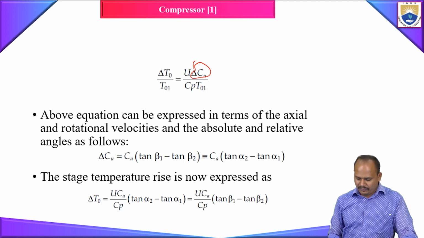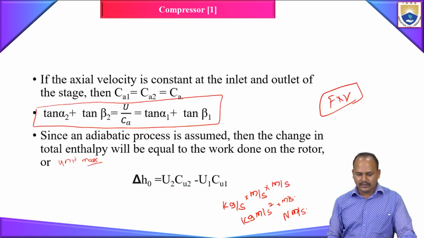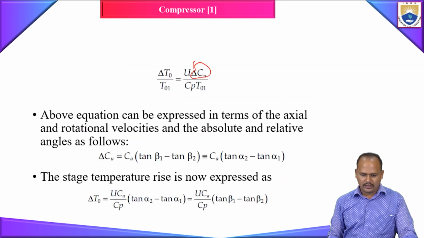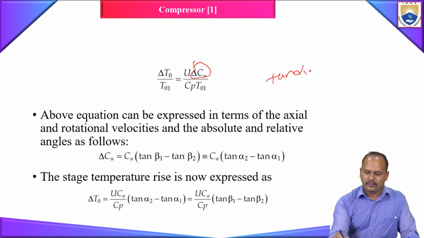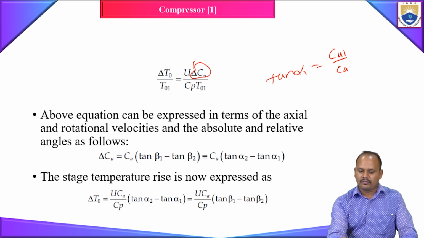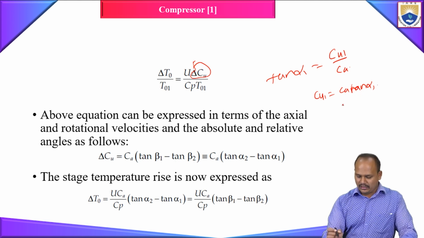From the velocity triangles we have seen that tan alpha 1 is equal to Cu1 by Ca. So from this I can write Cu1 is equal to Ca tan alpha 1. Similarly, I can write in terms of tan beta also.